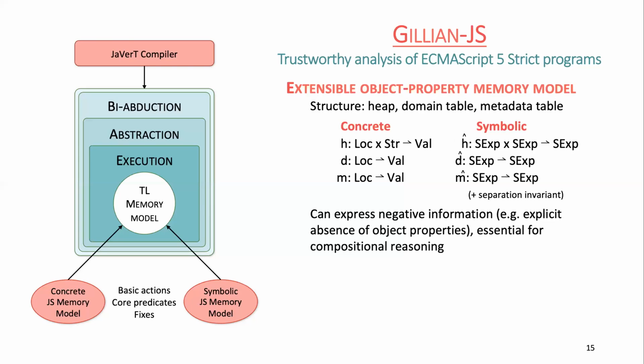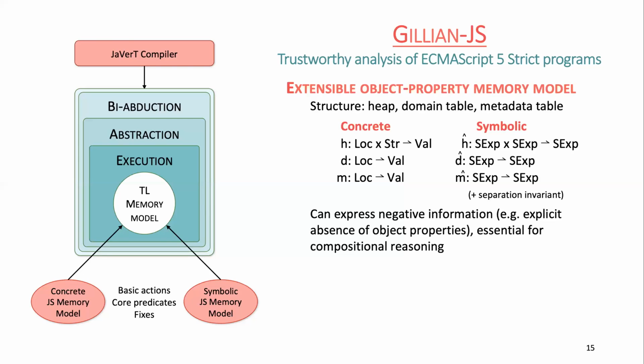Due to the partiality of what's going on, one subtlety that often gets buried in this sort of work is that we're expressing negative information. So we are partial, which means we have missing information, but sometimes we do know. If we go to C, if something is out of bounds or something is freed, we actually know that information, it's not missing.